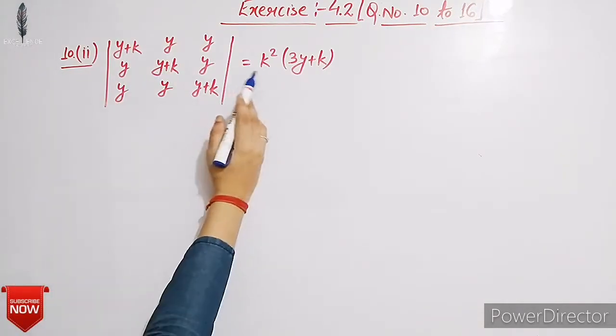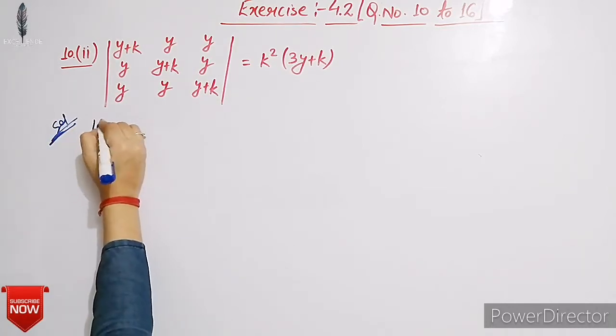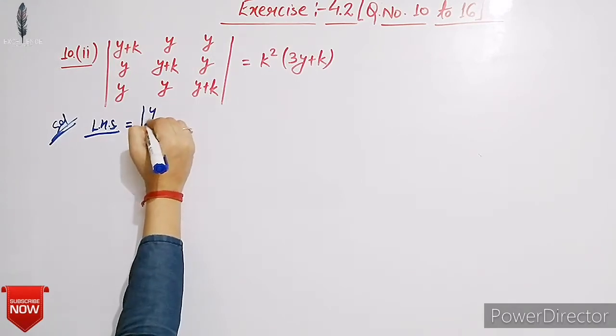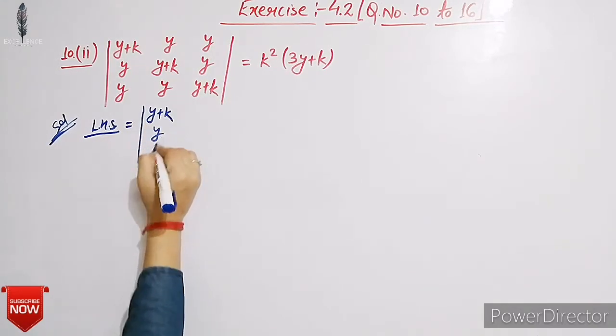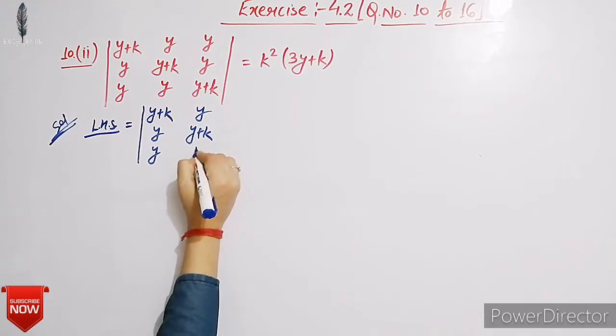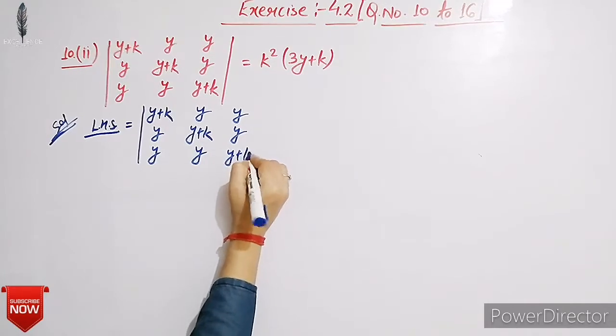Let's see the next part of this question. Here we have to prove that this determinant is equals to k square into 3y plus k. Let's solve it. LHS is equals to y plus k, y, y, C2 is y, y plus k, y and C3 is y, y, y plus k.